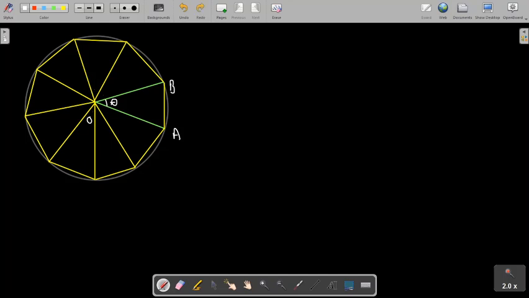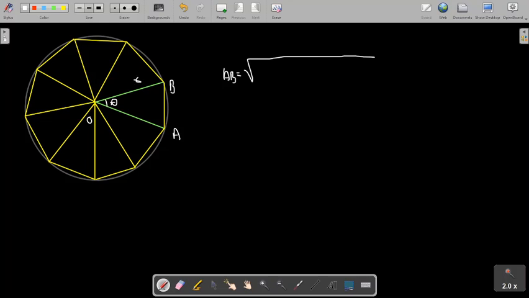So first we'll go off by finding the length of AB, and we know from the law of cosines that AB, or the third side, is equal to the root of the first side squared.